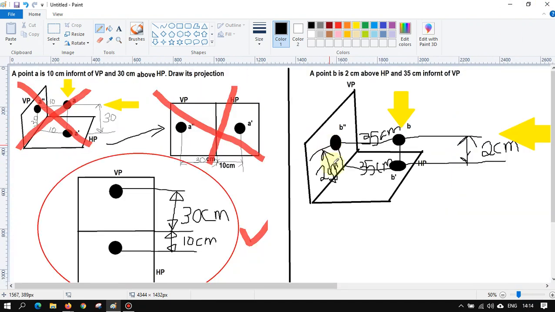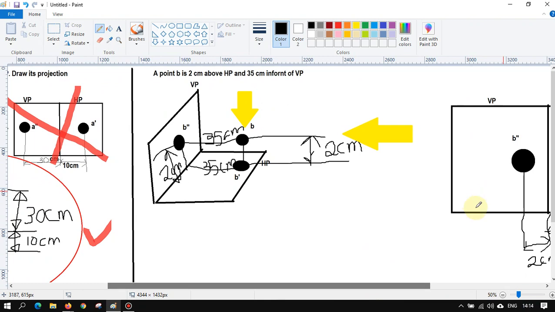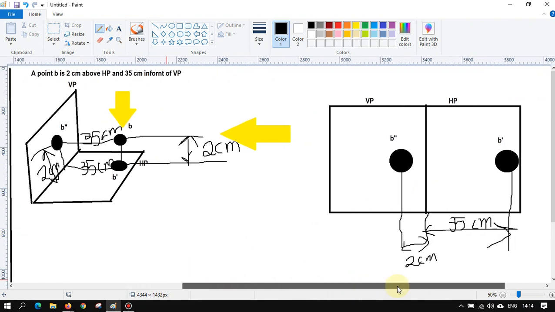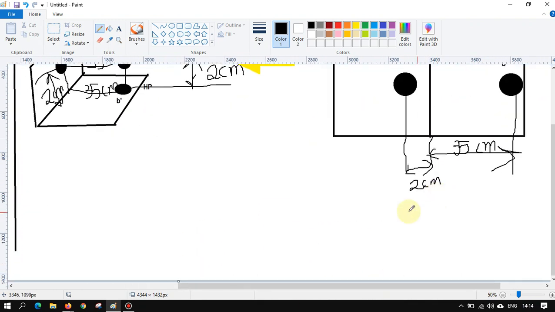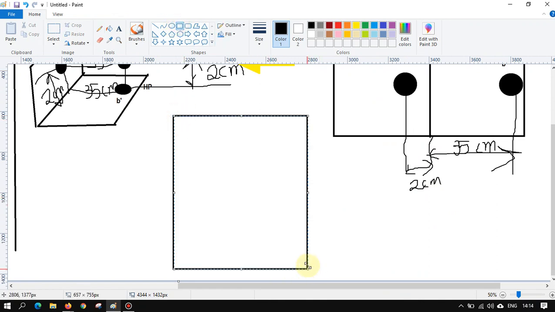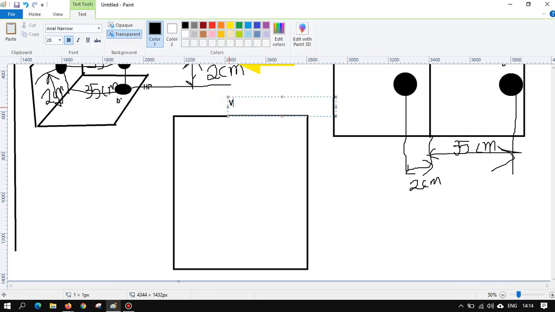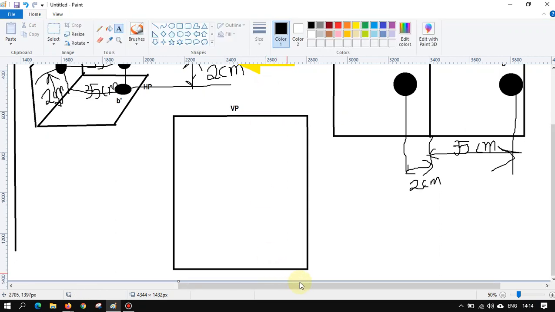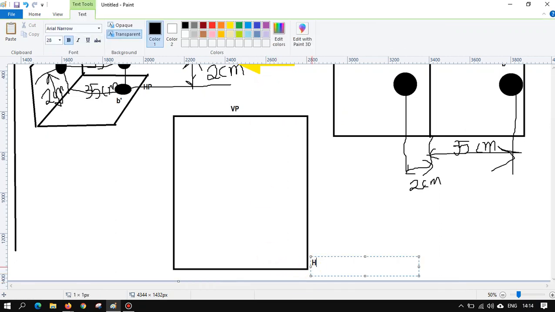Now what we'll do is that we'll make a diagram like this one. Let us see. This is what the thing looks like. This is VP, the vertical plane, and this is your horizontal plane HP.